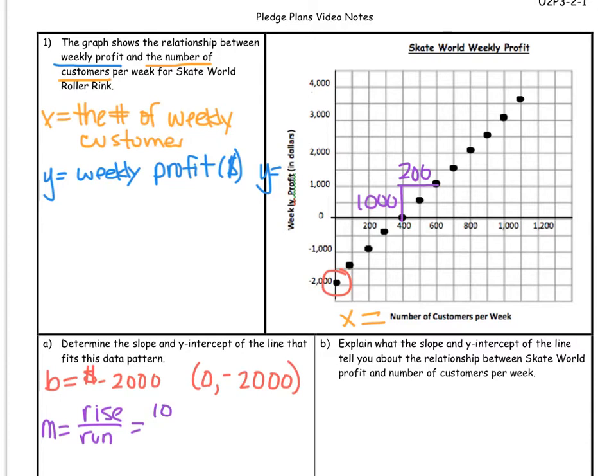So my rise is 1,000, and my run is 200. And if I simplify that, I get a slope of 5, and that means $5 profit per customer.